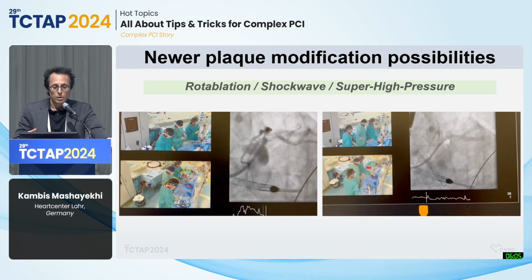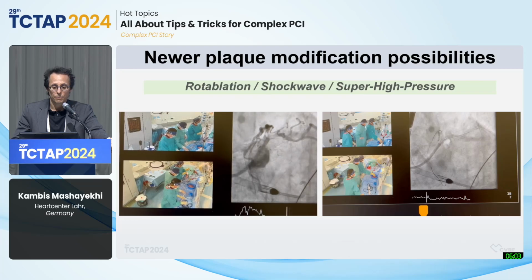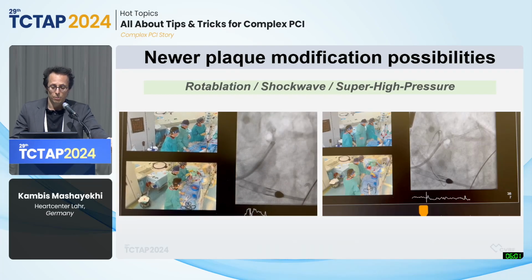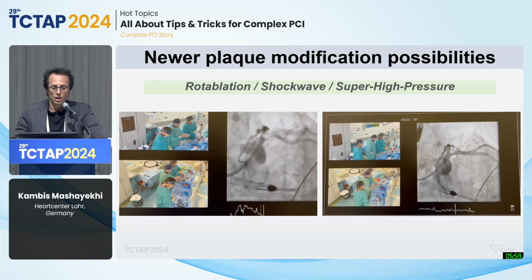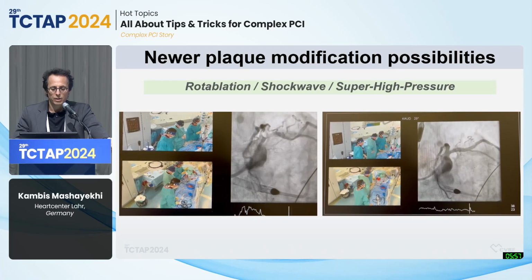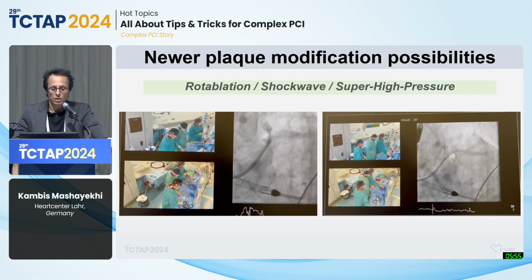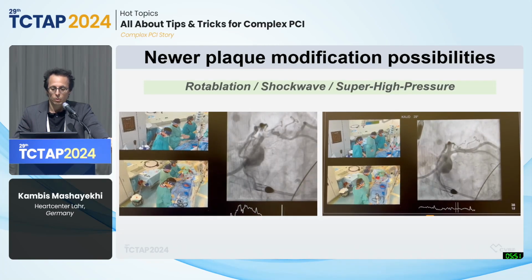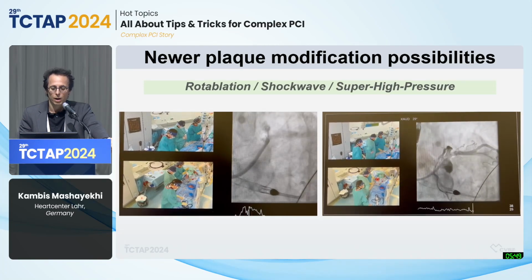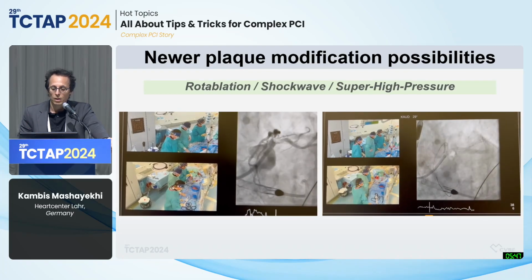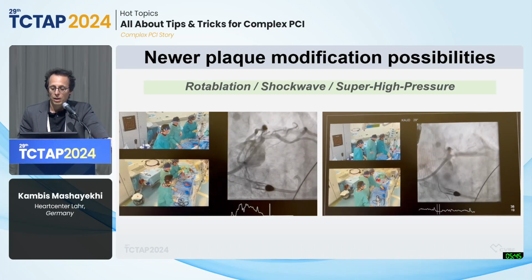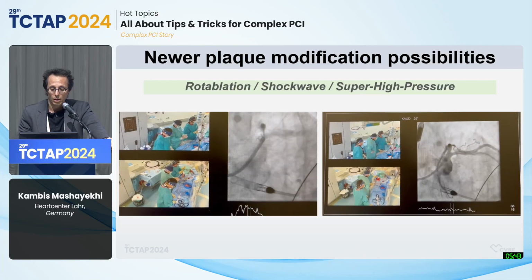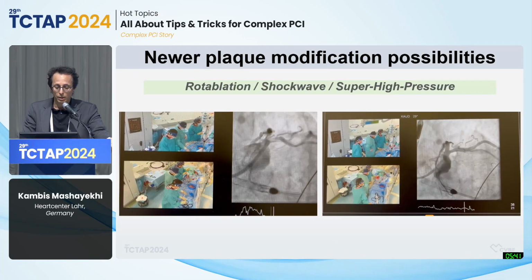Well, those newer plaque modification techniques are supplementary. That's important to notice. As you see here, a very, very calcified left main stenosis, and with all the techniques that we have, the RCA, by the way, was included, rotablation, shockwave, and even super high pressure balloon, you achieve nowadays, in many scenarios, an amazing initial result that would not have been possible in the past.